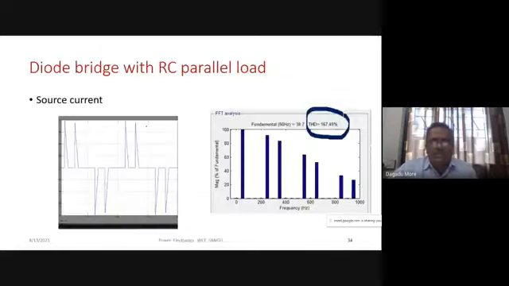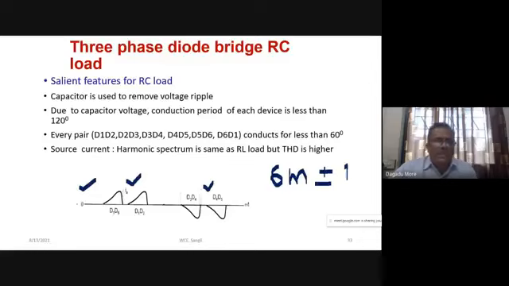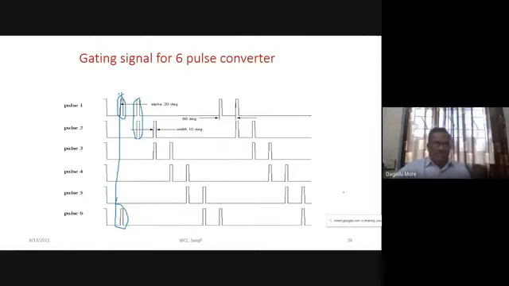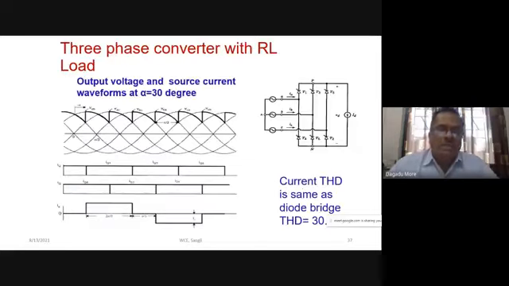So we require 2 pulses at the interval of 60 degrees, so that the conduction will be maintained and switching will be proper in case of discontinuous conduction also.